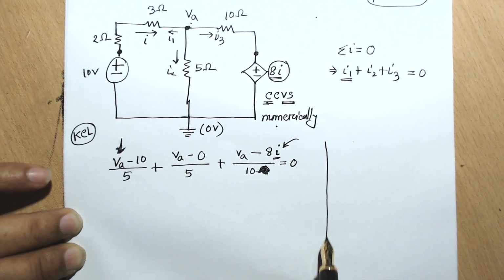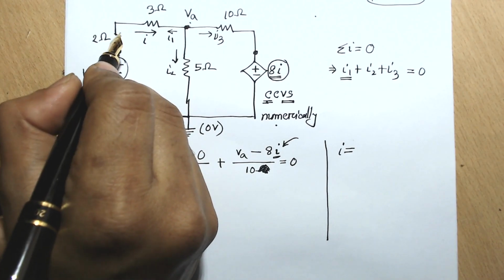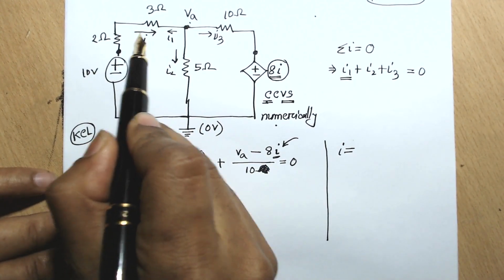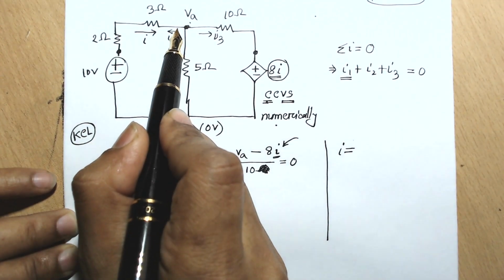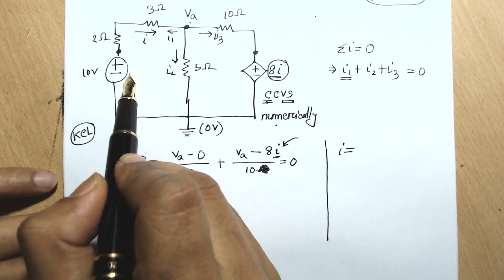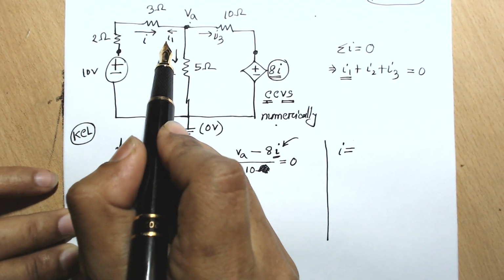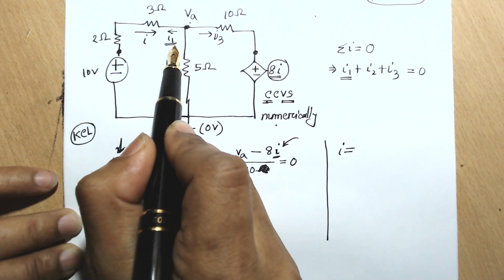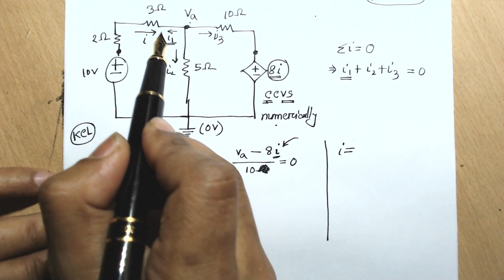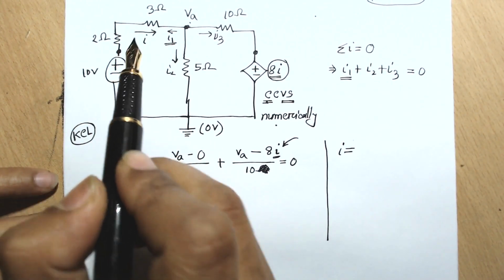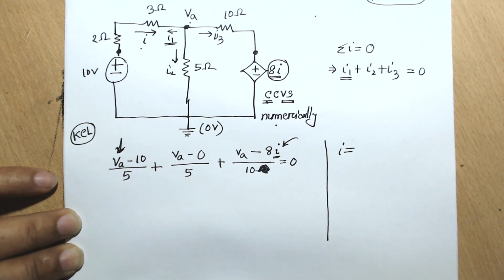If we look at the circuit, the value of I can be related, because I, as you can see, is the current through this branch, and the direction of this current is clockwise. If we look here, there is another current which is I1. This I1 is also the current of this branch. That means the value of I and the value of I1 should be equal. Why?